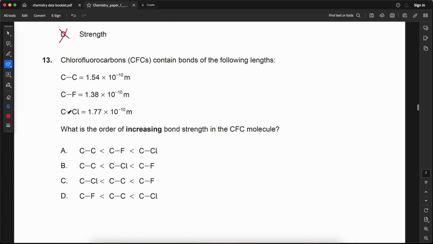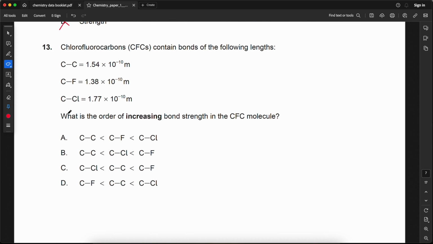Chlorofluorocarbons, CFCs, contain bonds of the following lengths: C-C, C-F, and C-Cl. As we can see, C-Cl is the longest one, and C-F is the shortest one.